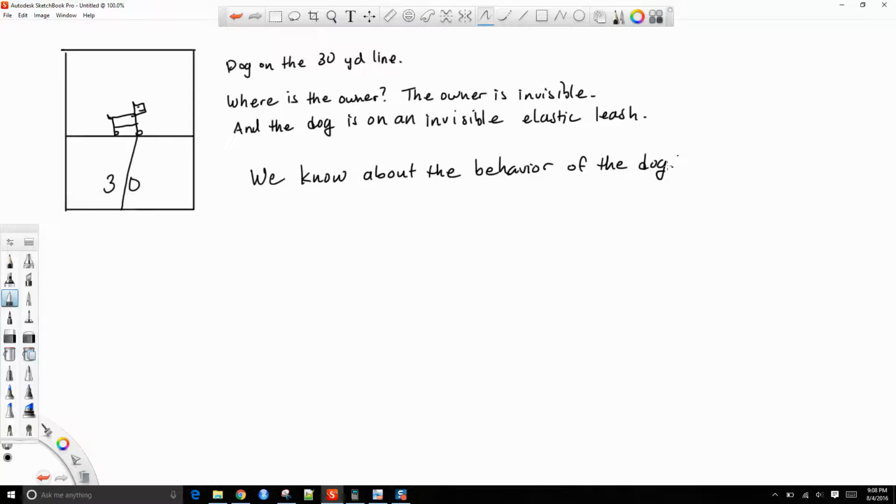Okay, mainly that the dog doesn't like to pull hard against the leash, okay? So 68% of the time, the dog will be within 1 yard of the owner.